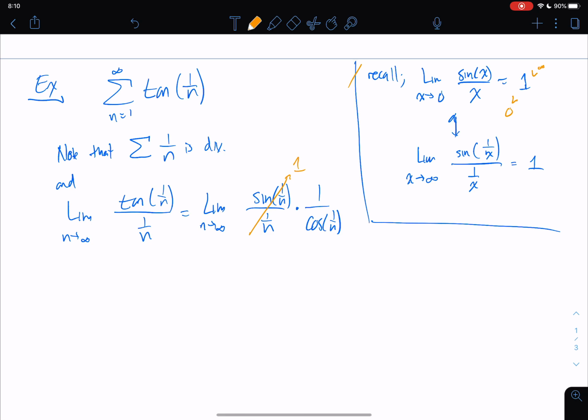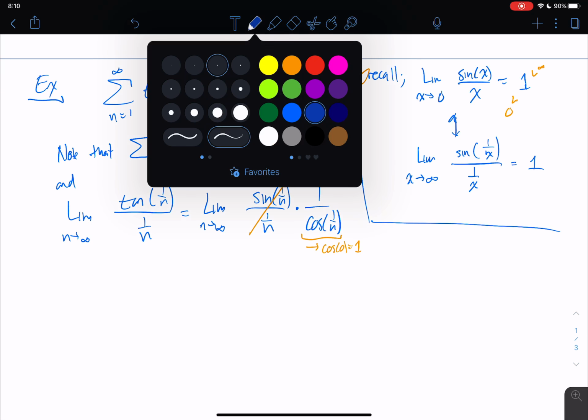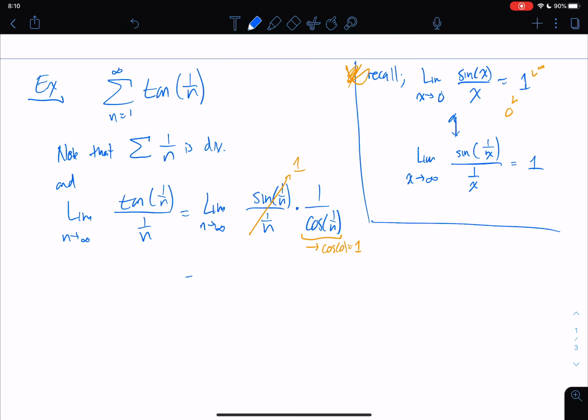That's what this entire lemma over here on the right is about. Whereas what's going to happen right here, well, that's going to go to cosine of 0, which is just a 1. So this overall limit is actually just plain equal to a 1, which is both non-zero and finite.